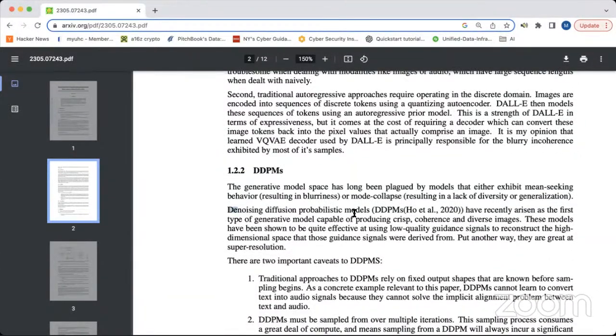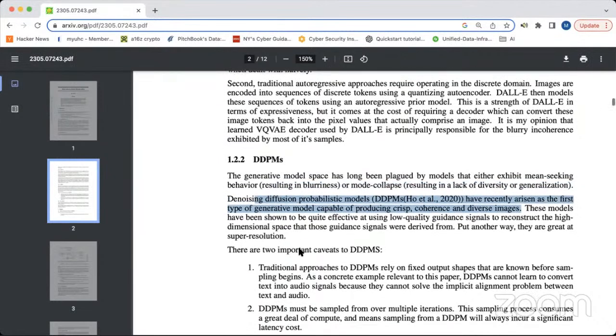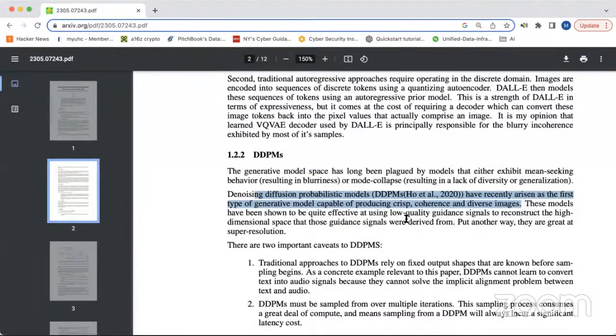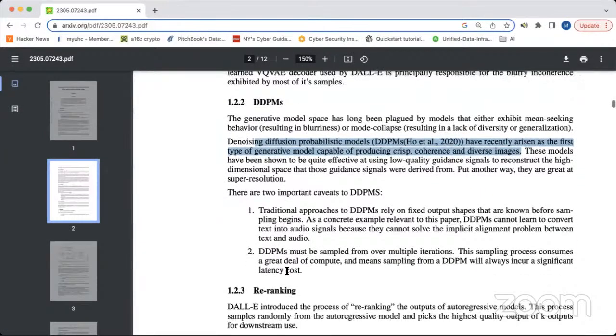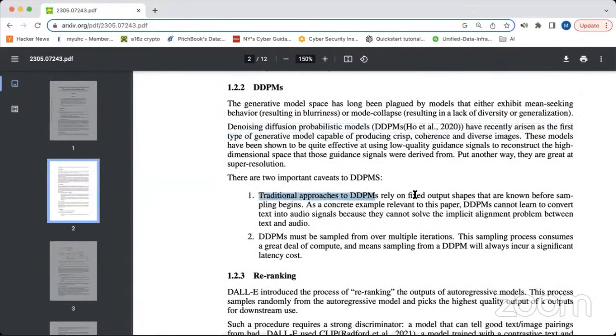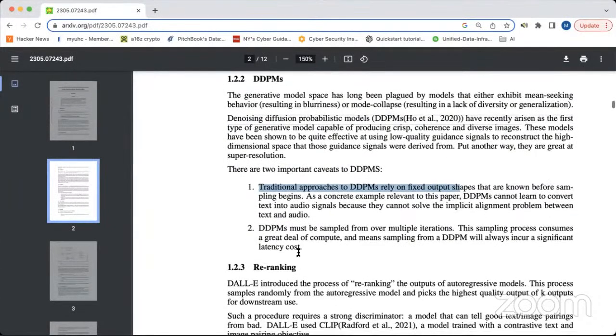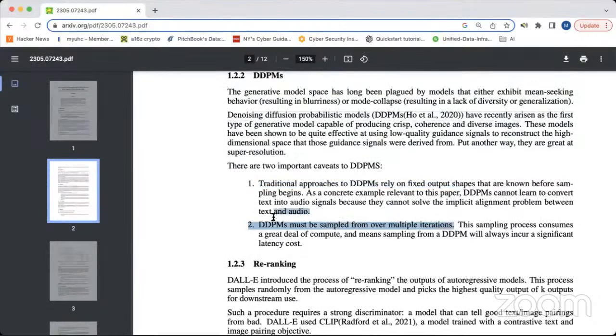Denoising diffusion probabilistic models have recently arisen as the first type of generative model capable of producing crisp, coherent, and diverse images. They've been quite effective at using low-quality guidance signals to reconstruct high-dimensional space. He says that traditional approaches to DDPMs relied on fixed output shapes that are known before sampling, and then it's sampled over multiple iterations.